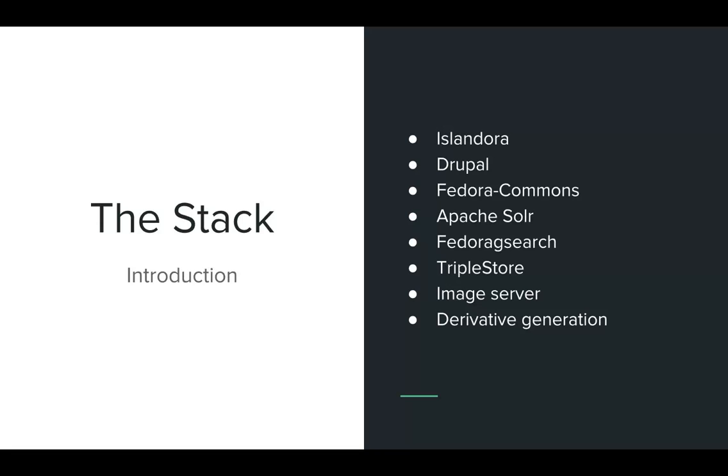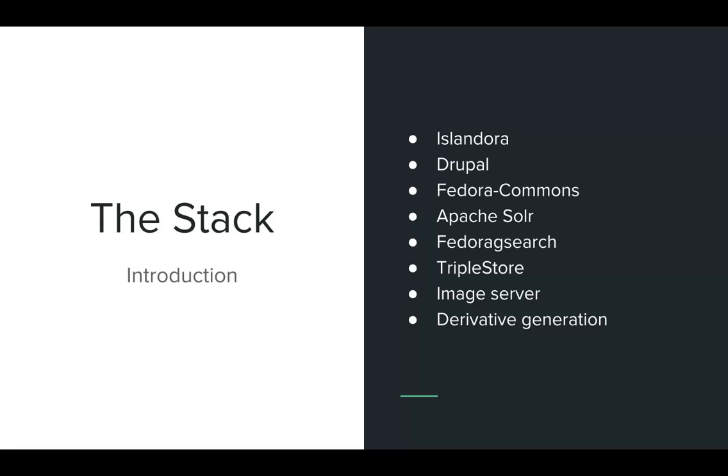Fedora Commons, when we're talking about Fedora, don't confuse it with the operating system. We're actually talking about Fedora, the application. It stands for Flexible Extensible Digital Object Repository Architecture, and it is a repository architecture for storing, managing, and accessing digital content.